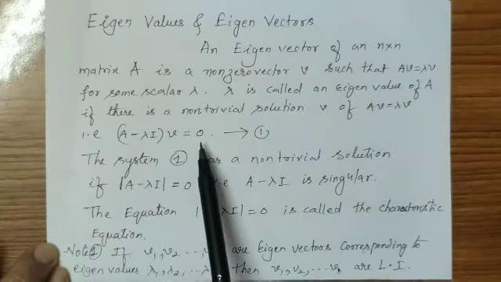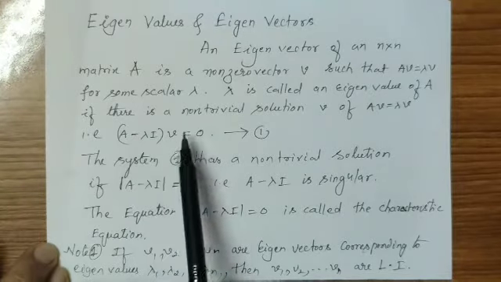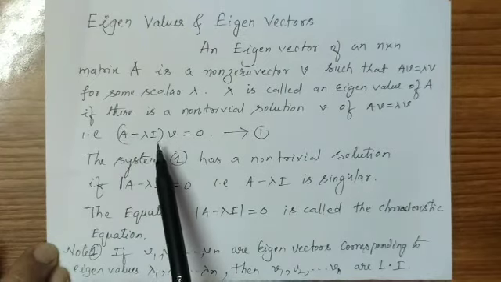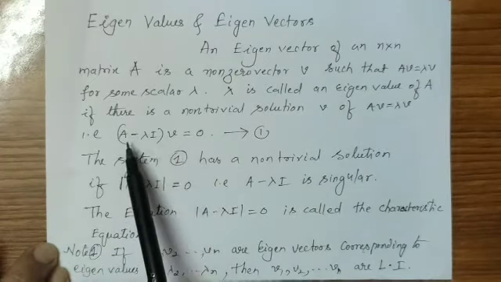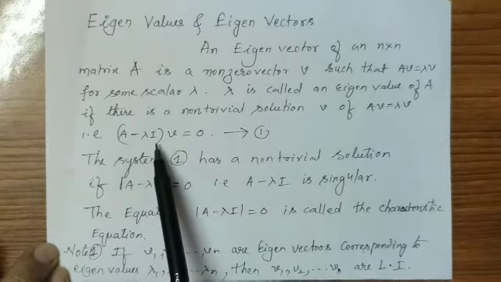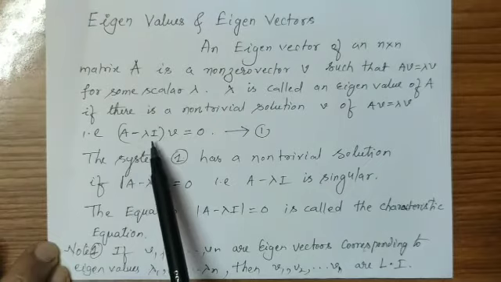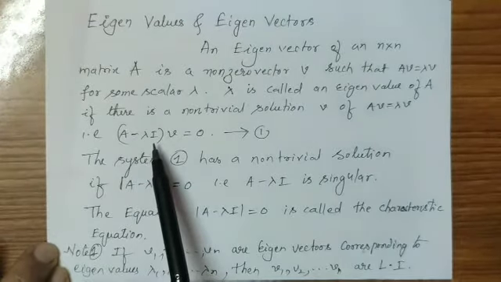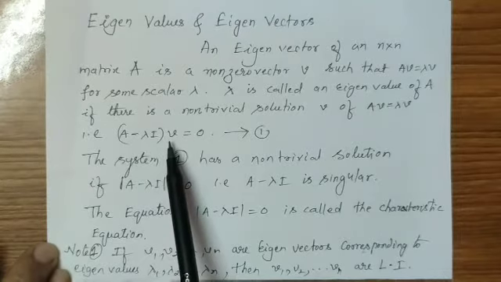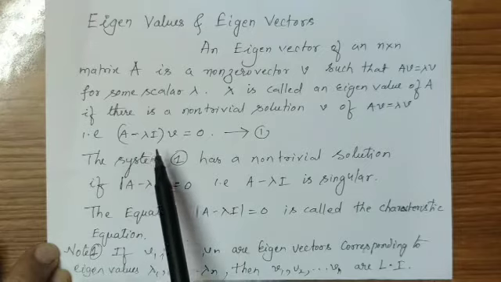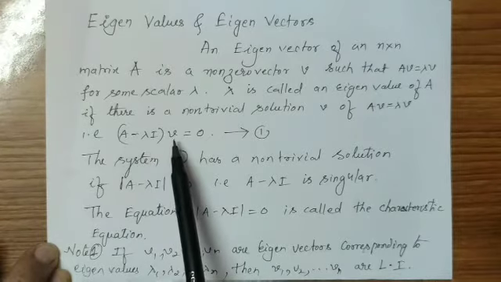Now the system has a non-trivial solution when the determinant of A minus lambda I is equal to 0. Suppose the determinant of A minus lambda I is not equal to 0, then the inverse exists. That means we have the solution V equal to 0 divided by the determinant of A minus lambda I, so it is a zero solution, a trivial solution.